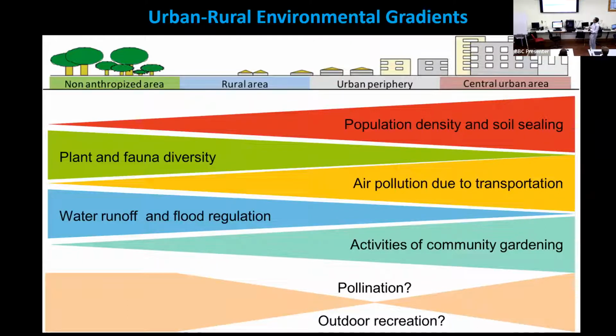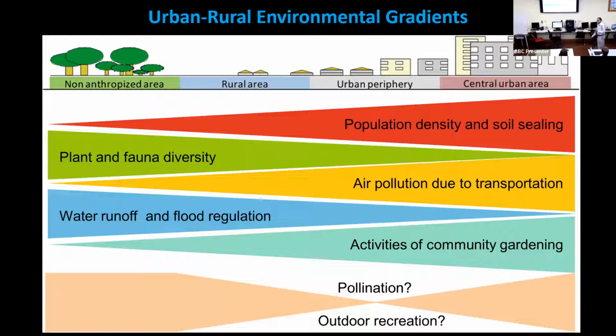We do know that when you move from the less anthropogenic rural to the urban center, you see increased human population density, more soil compaction, more impervious cover. The plant and faunal diversity, species richness, functional richness, all of those are greater towards the rural end, and it shrinks as you move towards more urban environments.